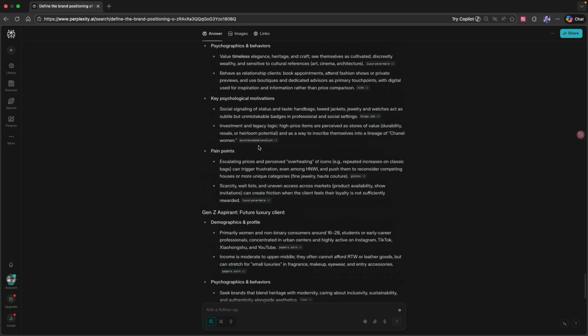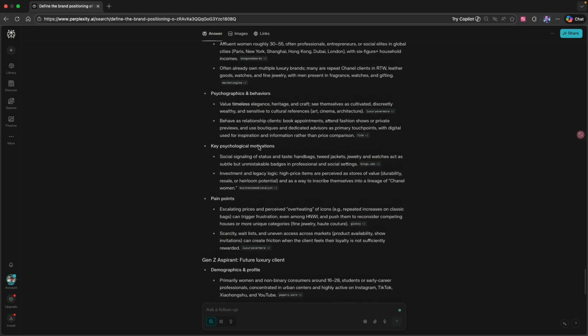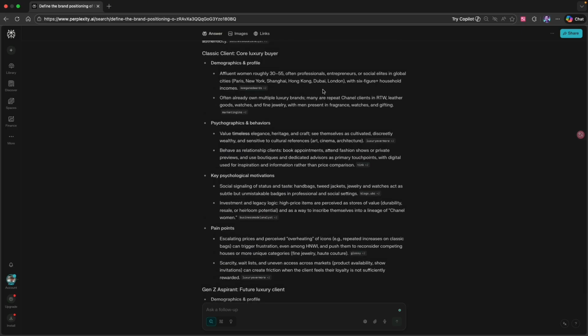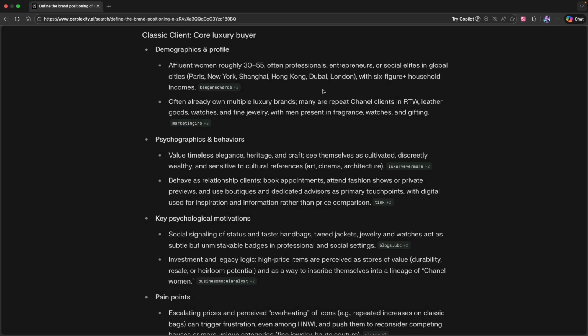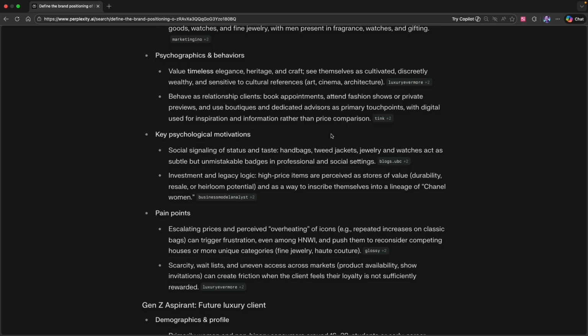So first, let's look at the classic client. She is 30 to 50, wealthy, global. Why does she buy? The AI says investment and legacy logic. She needs the bag as an asset, an heirloom. But look at the pain point.